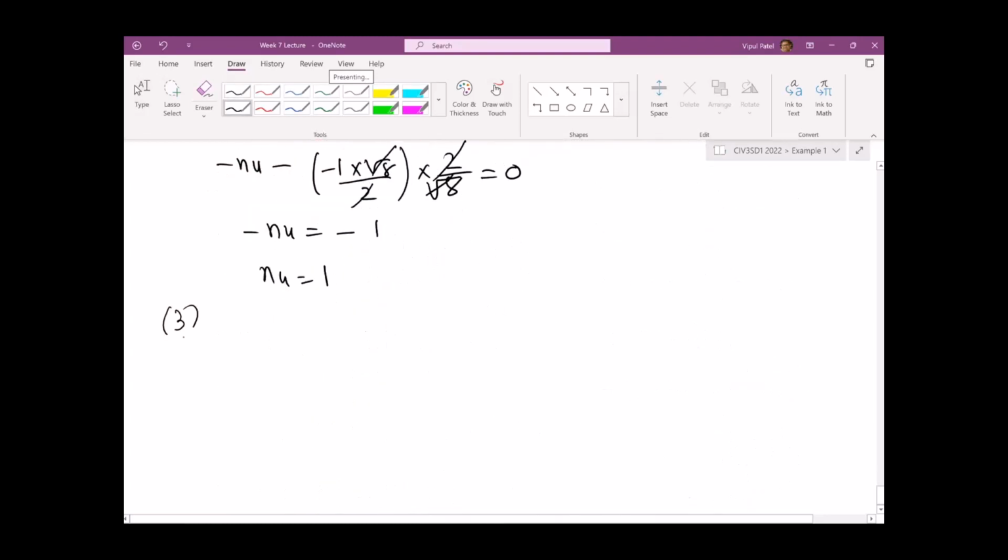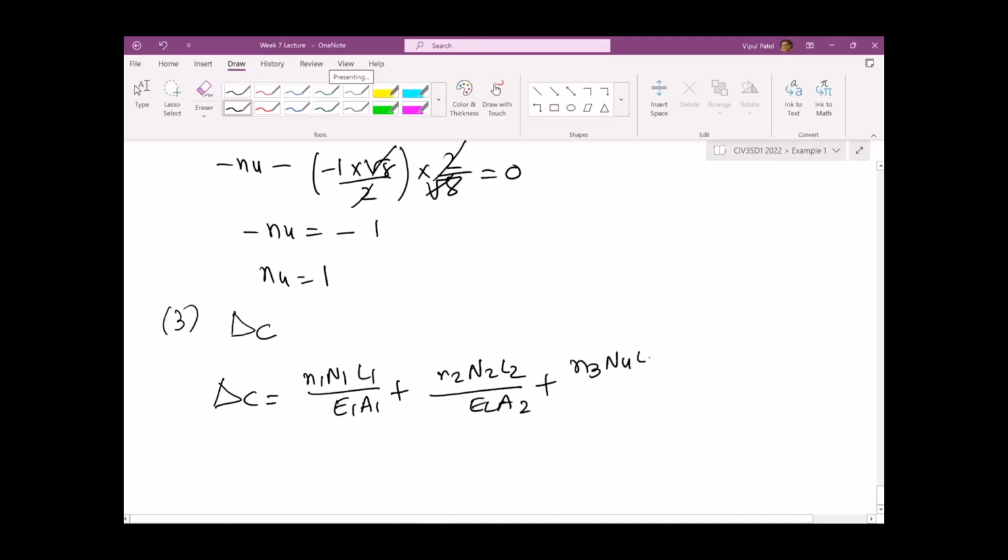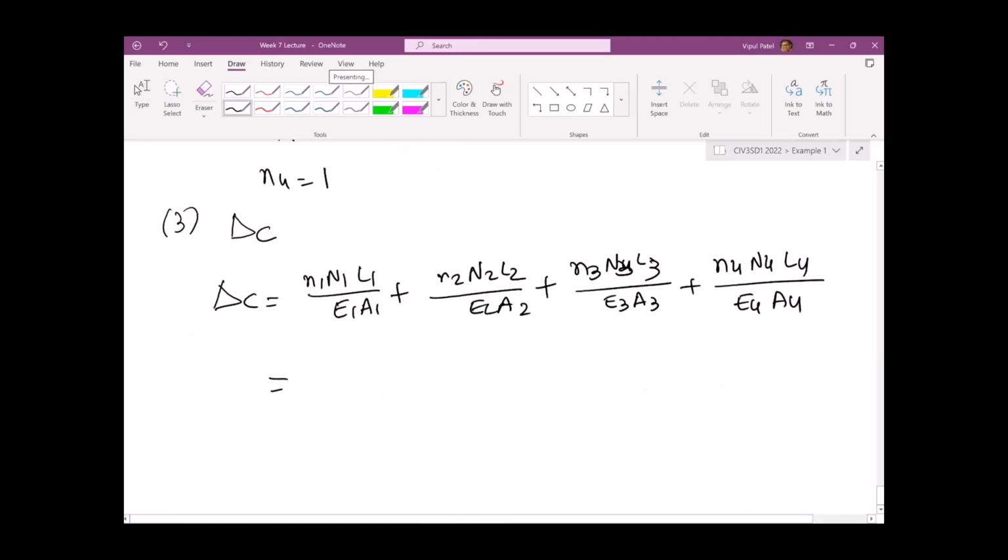Now step number 3, we need to find the displacement delta C. The equation is simple: small n1 capital N1 L1 over E1 A1 plus n2 N2 L2, and so on. We have, by the way, 4 members, so we need to write all 4 of them. I hope you understand this simple story that we are following. It's just the 2 examples that we solved.